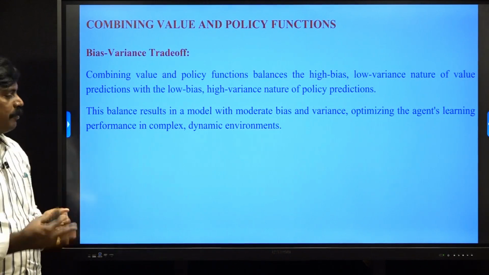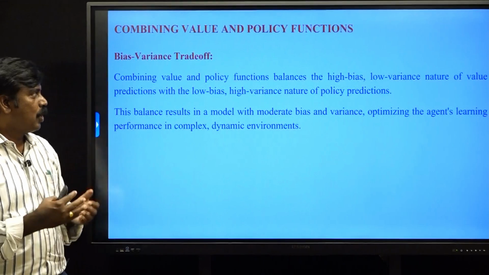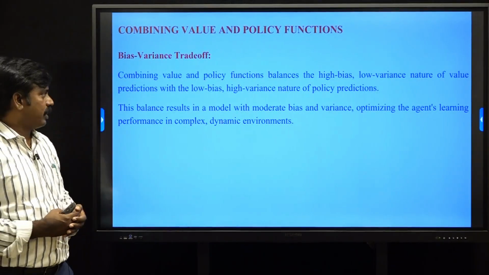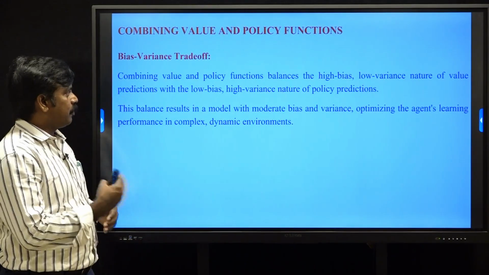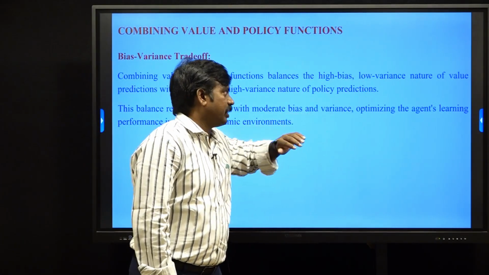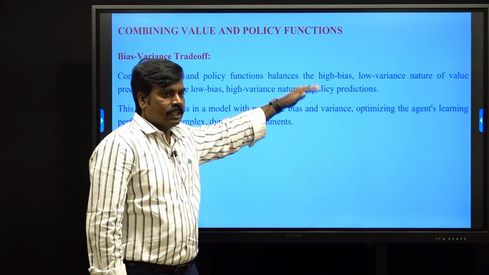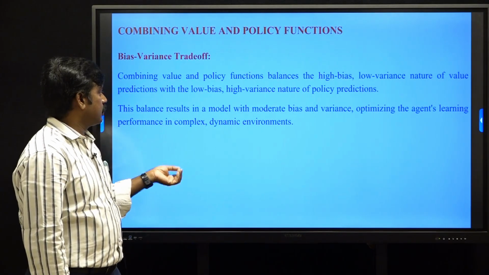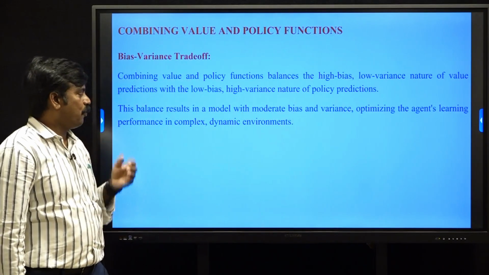By combining the value and policy functions, we stabilize the trade-off between bias and variance. The value function has high bias and low variance, and the policy network has low bias and high variance. These two are stabilized by combining the value and policy functions, giving moderate bias and variance.